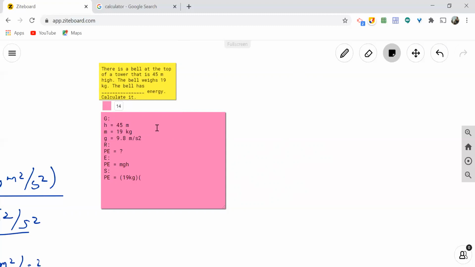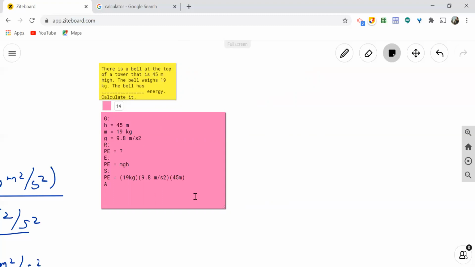And our acceleration due to gravity is standard. When we say standard, it is constant. Hindi na yun nagbabago, which is 9.8 meter per second squared. Okay. Then our height is 45 meter. That's it. So we're going to get the product.